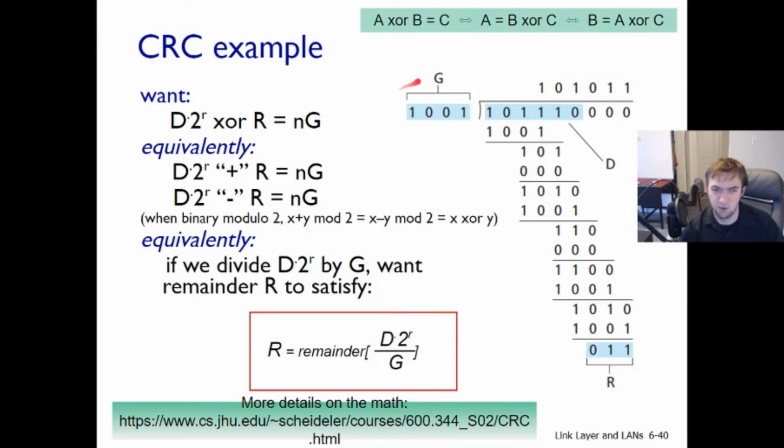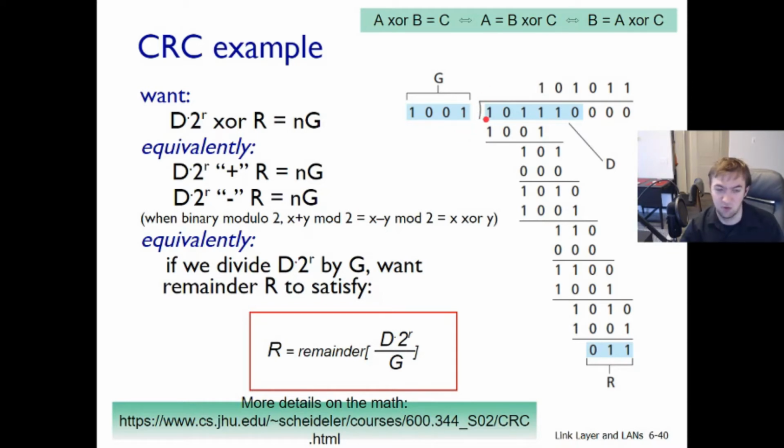Here's an example of the math used in CRC. In this example, we have a generator that's 1001. The extra bits that we're adding onto our data bits D: there are going to be 3 extra bits. The problem that we're trying to figure out is, what are the 3 bits that we append to the end to make sure that what we're sending is divisible by G? In order to solve this, you just have to work through the division process.